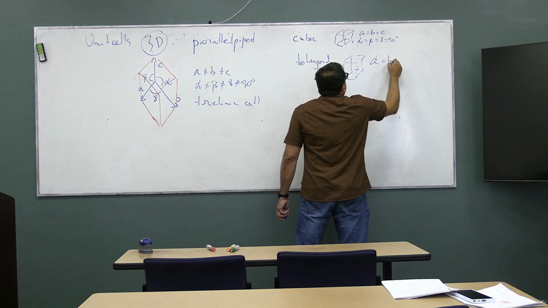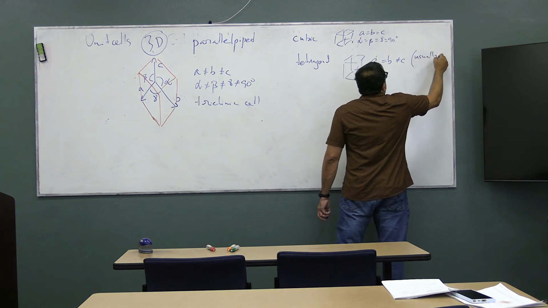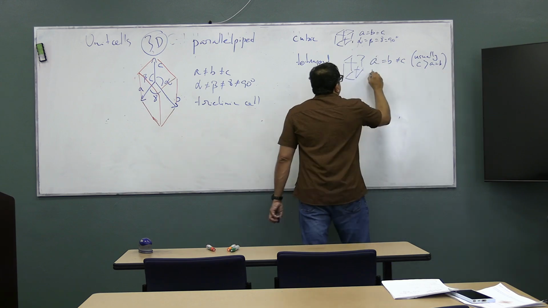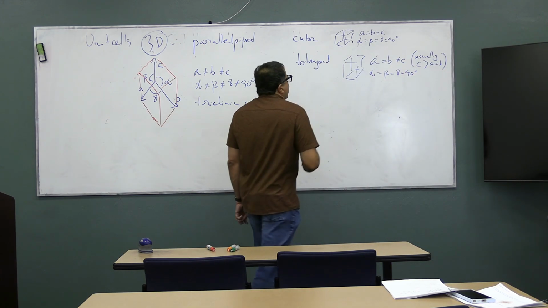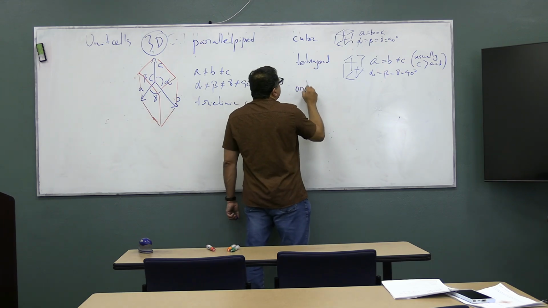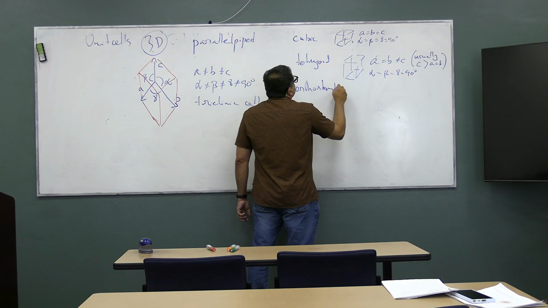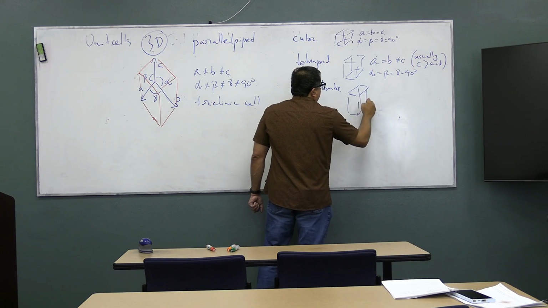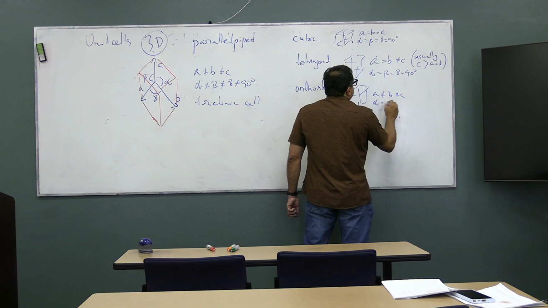A is equal to B, not equal to C, and usually C is greater than A. Alpha, beta and gamma are 90 degrees. Then there is orthorhombic, the general box, where A is not equal to B, is not equal to C, but all the angles are 90.